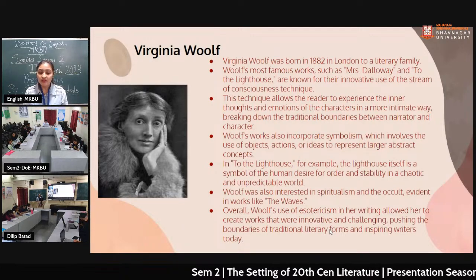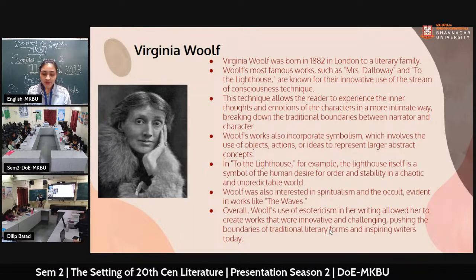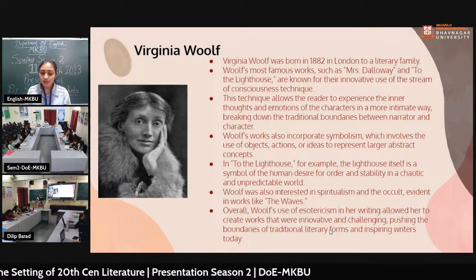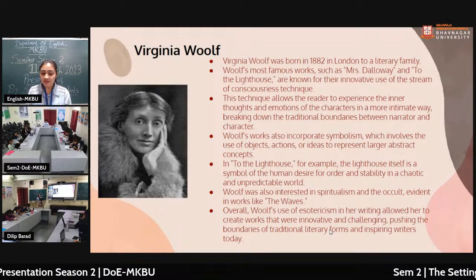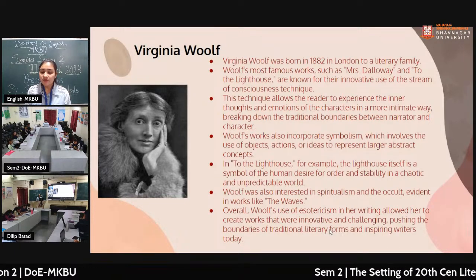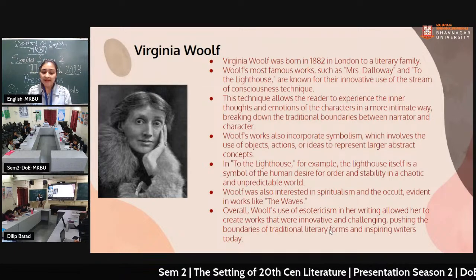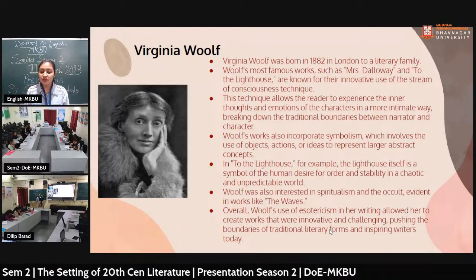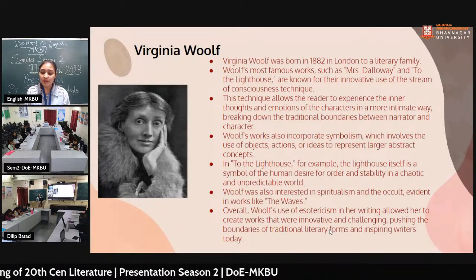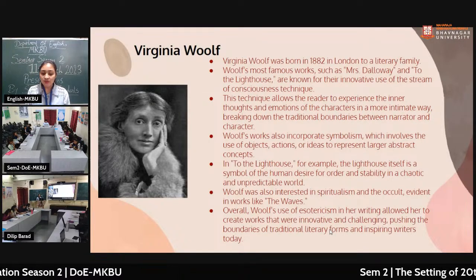Woolf's works also incorporate symbolism, which involves the use of objects, actions, or ideas to represent larger abstract concepts. In To the Lighthouse, for example, the lighthouse itself is a symbol of the human desire for order and stability in a chaotic and unpredictable world.